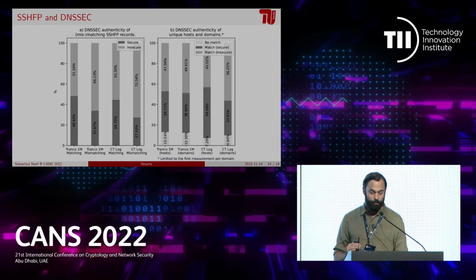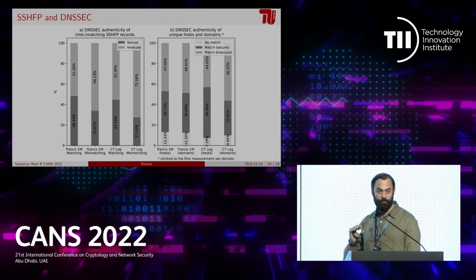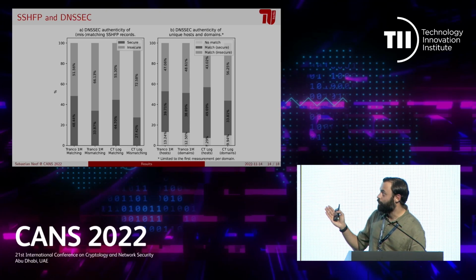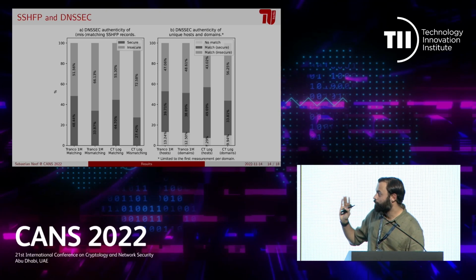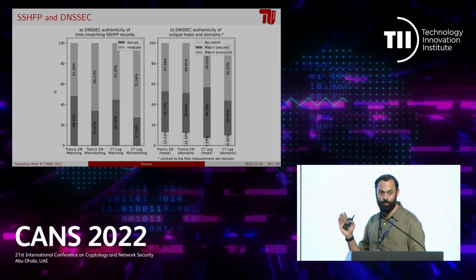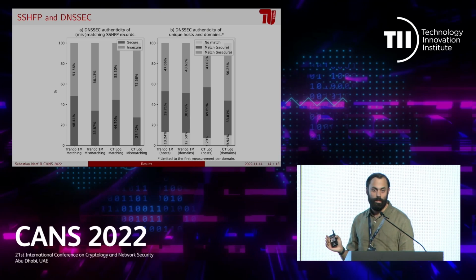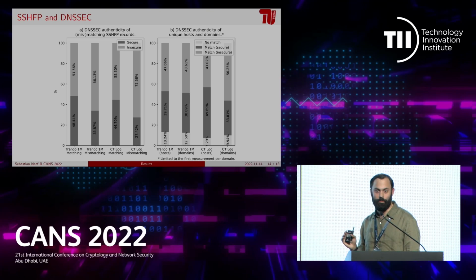So from a security perspective, we can have another look at the DNSSEC usage. And now we see in the bar plot on the left side that we have over 50% of these SSHFP records that we analyzed deployed insecurely. So there's no DNSSEC, there's no protection, and that means that the malice in the middle attack could move from the SSH level to the DNS level, and there's no benefit in using SSHFP in that case.